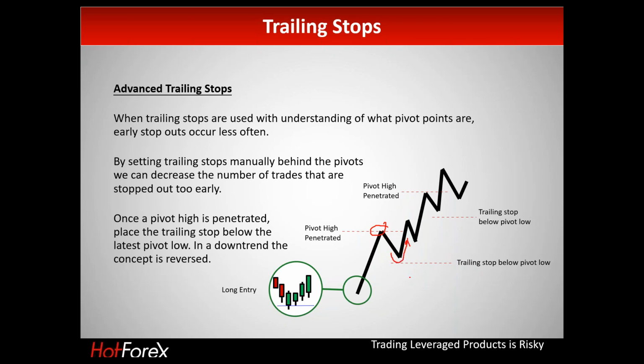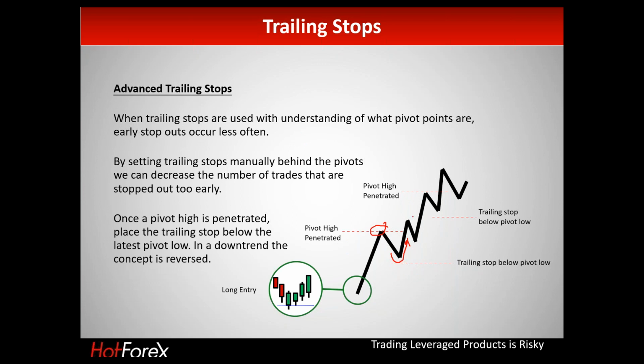So every time that we have a pivot low in an uptrend, you can enter the market with multiple entries, or if you don't want to add multiple entries, you can shift your trailing stop below the latest pivot low.